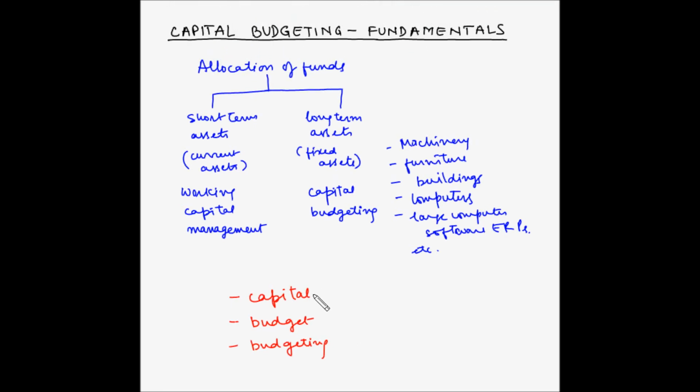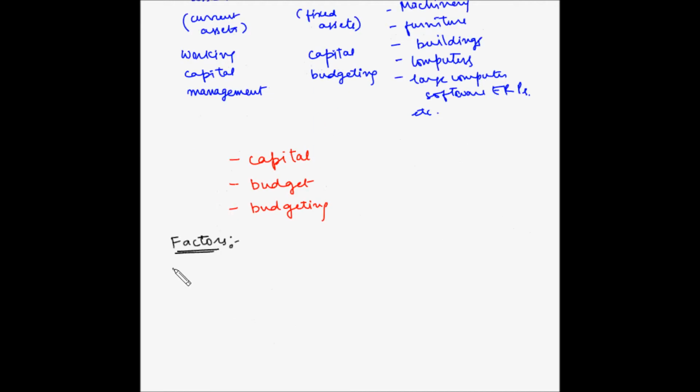Now, there are multiple factors involved in the capital budgeting process. So let us look at some of those. The first factor that we look at is strategic direction and flexibility. Now, a firm's capital budgeting decisions generally define its strategic direction.